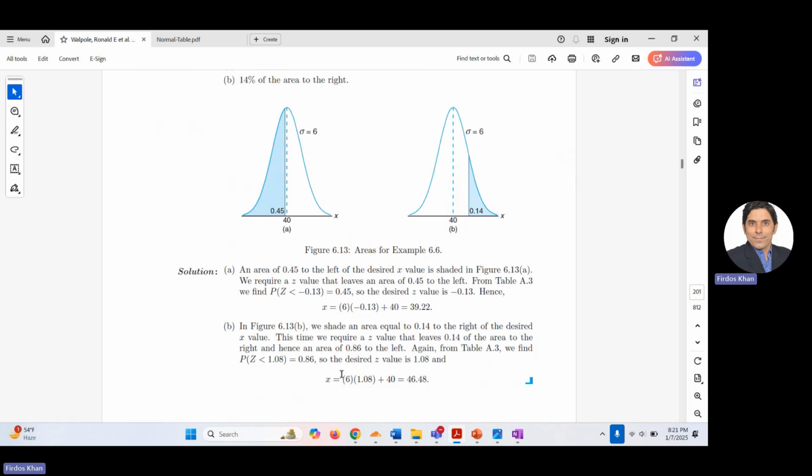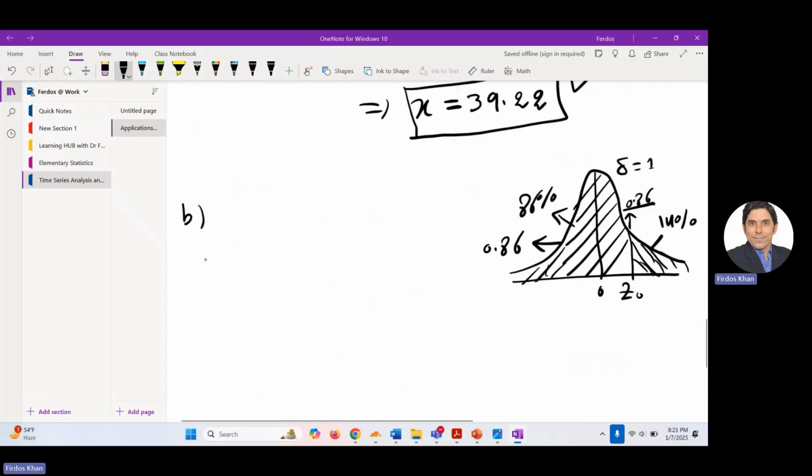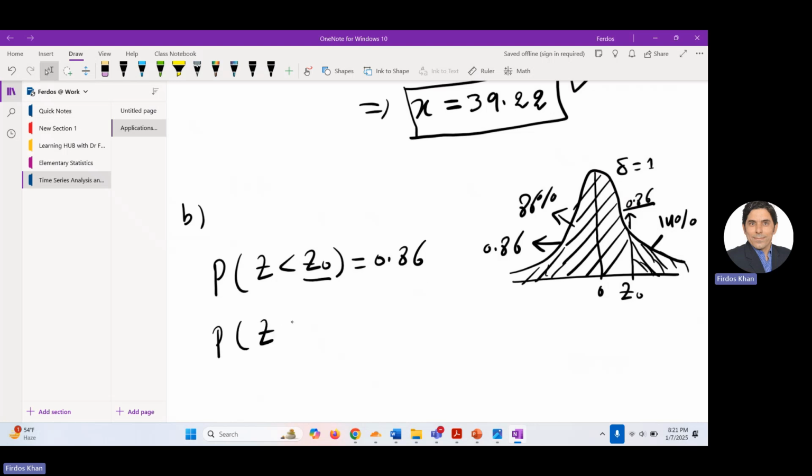You can write the statement as: probability of z less than 1.08 is equal to 0.86. So this is the value of z naught.